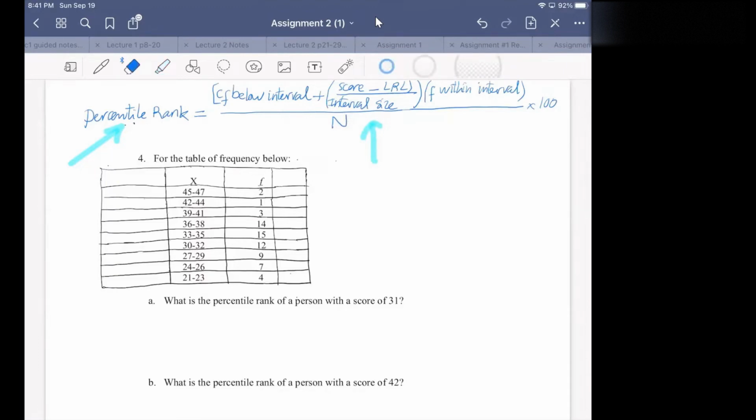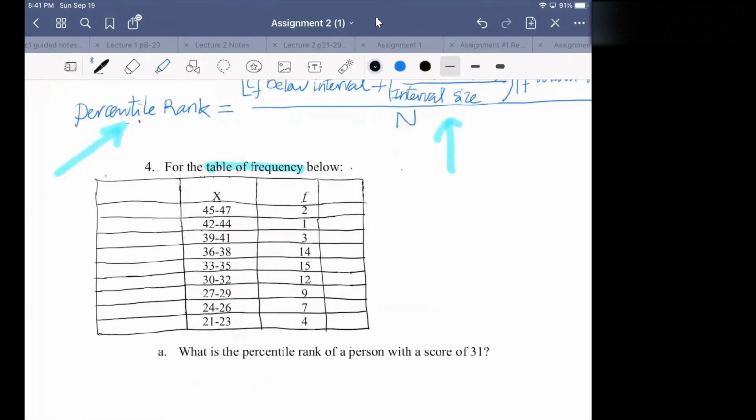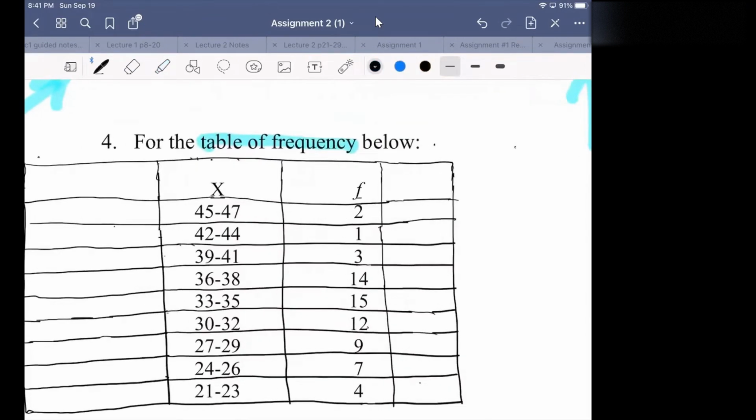But if you look at the table of the frequency that is given to you, you are only given the intervals. So the X, here are the intervals.